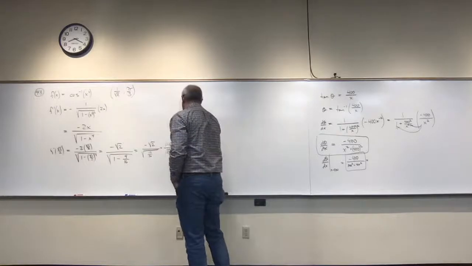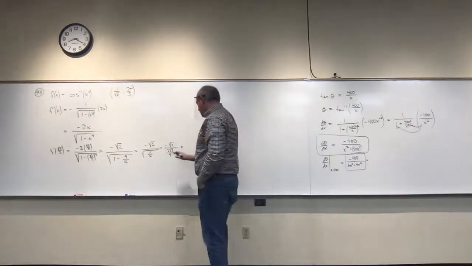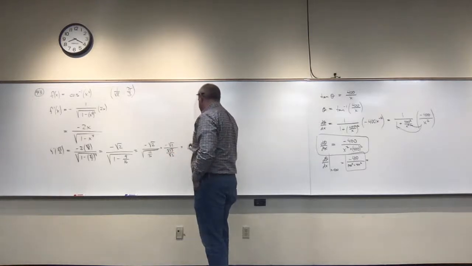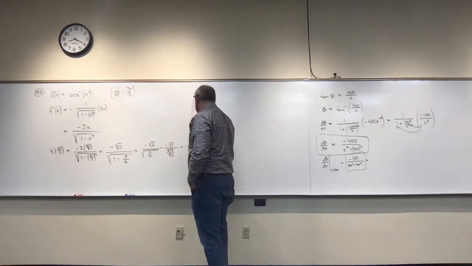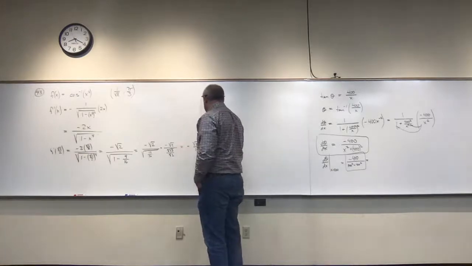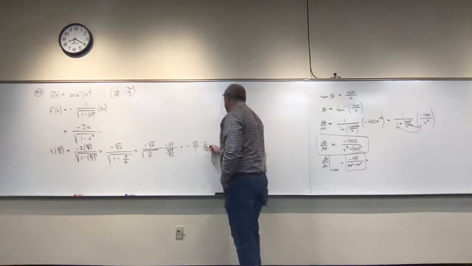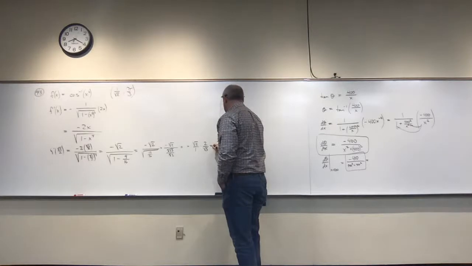Which is, let's see, the 2 and the 4 can cancel and give me a 2 on the bottom here. So I get negative square root 2 divided by 1 over 2. Flip and multiply, and on top I'd get a 2. On the bottom I'd get a square root of 3. So I guess the best that I can do here is this is negative 2 root 2 over root 3.